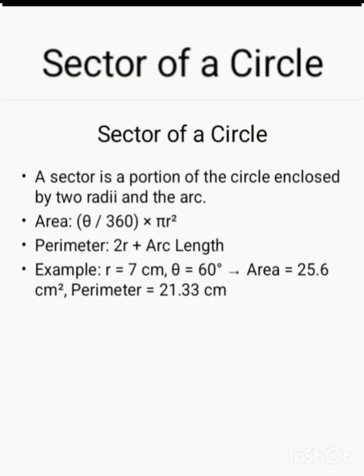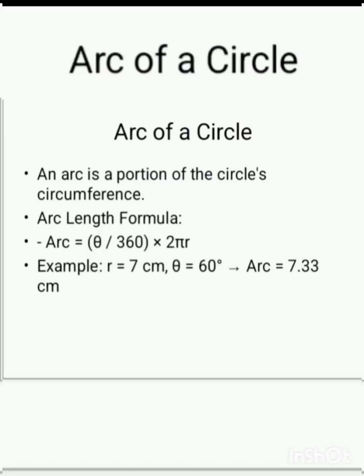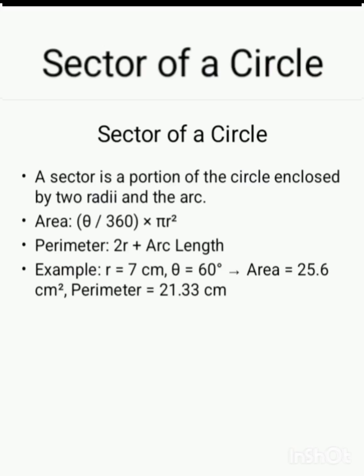To find the arc length, since we know the arc length formula is theta over 360 times 2 pi r, we got our 7.33 centimeters from the former question we have done. And likewise, its perimeter, we got 21.33 centimeters. This settled the arc length, the area of sector, and the perimeter of sector.